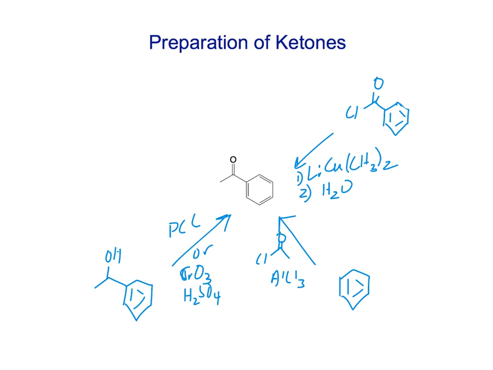An alkene. And what reaction would we be using here? Okay, if we put an alkene right here, where the ketone is, what kind of reaction could we use to convert that alkene to the ketone?